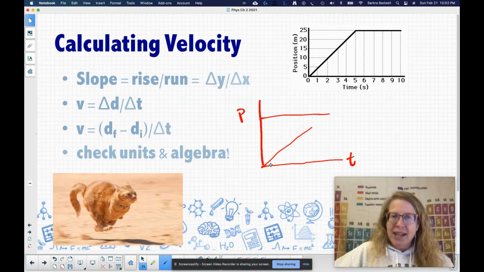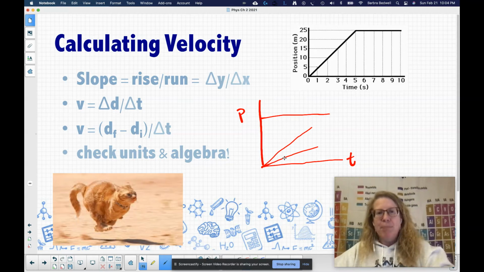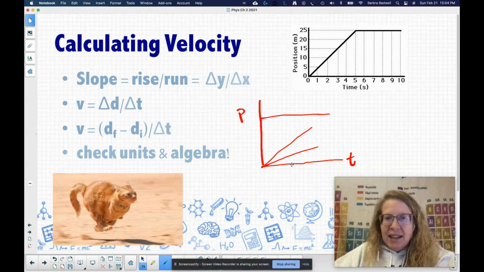And we also recognize that if you have a different slope, if you're talking about the same period of time, taking a look at this particular spot right here, I'm just talking about one particular time.